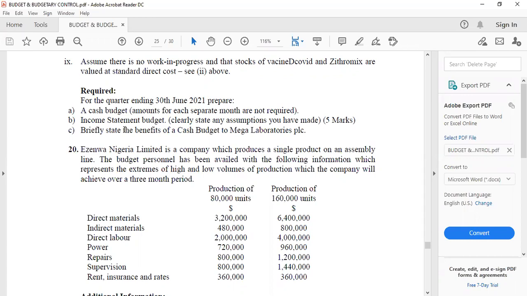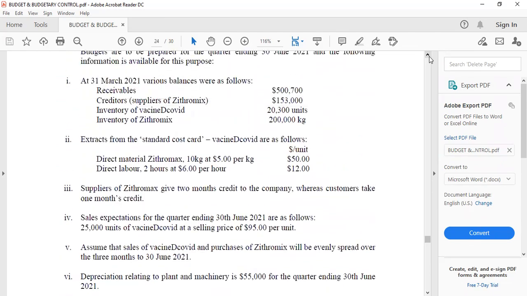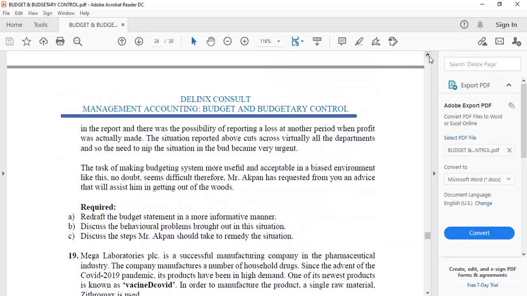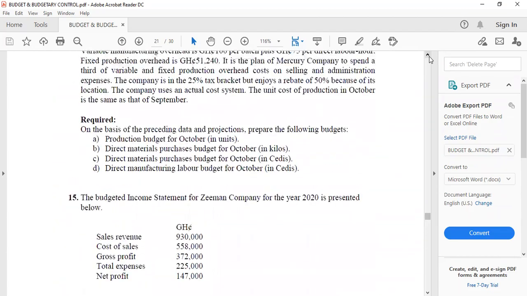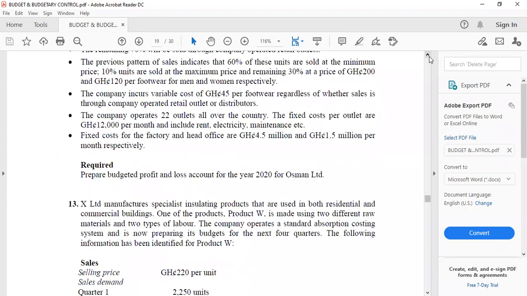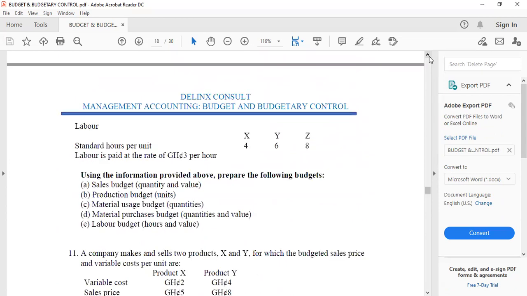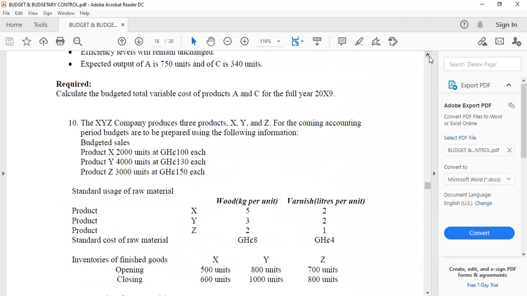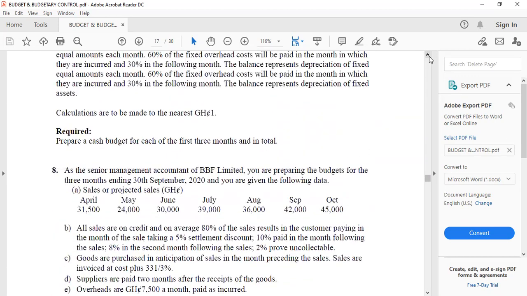Even if you have some surplus, you can invest the surplus into short term and get some returns on it, to avoid having cash sitting there.